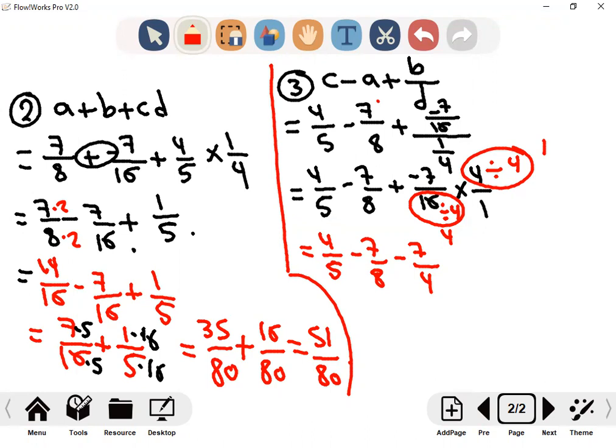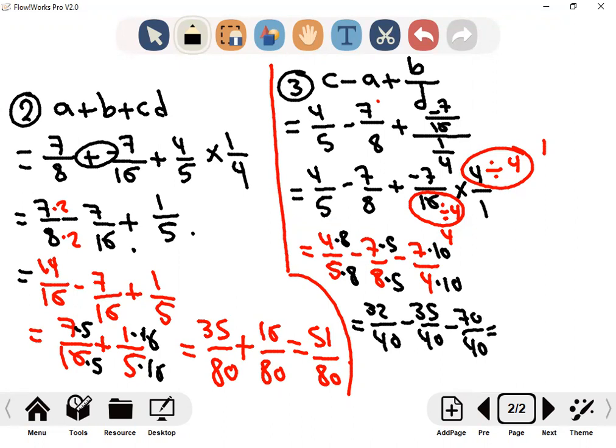So here I'll multiply with 8, with 8, with 5, with 5, with 10, with 10, equal. Here 32 minus 35 plus minus.